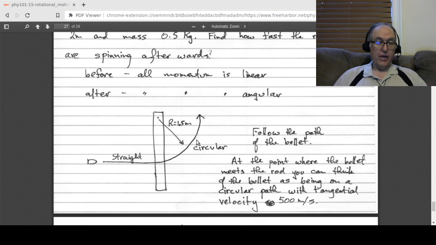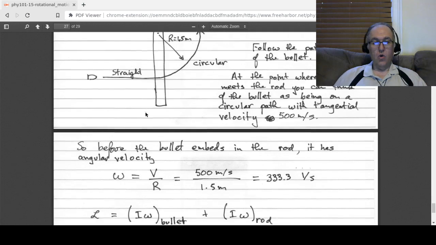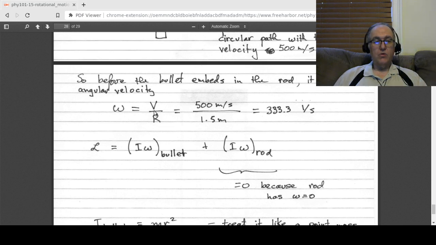I hope that's clear. There's an equivalency between that linear velocity and the angular velocity on the circular path, even up to the instant before the bullet hits the rod. So we're going to use v equals r omega, or omega equals v over r.